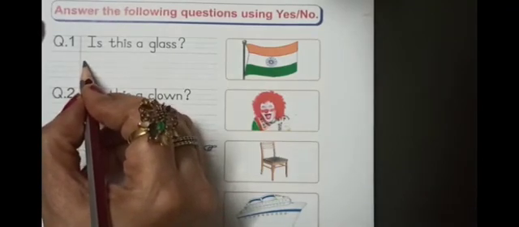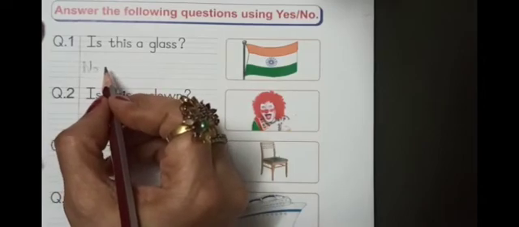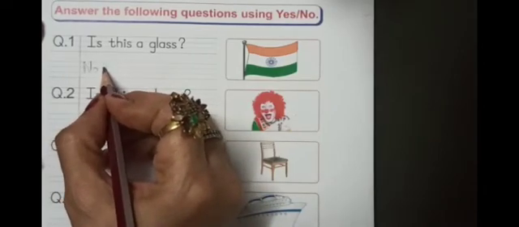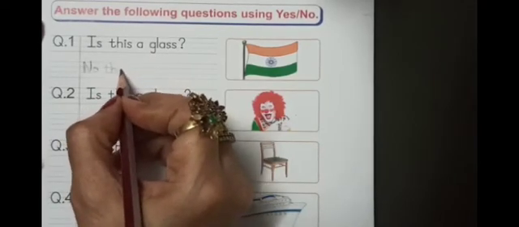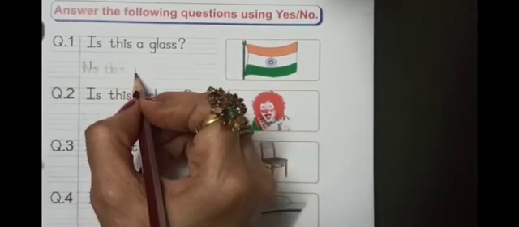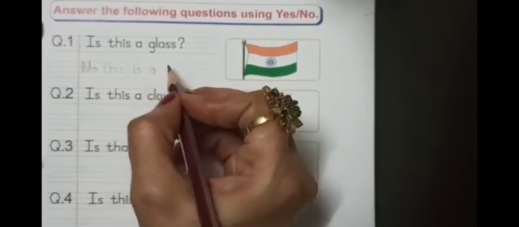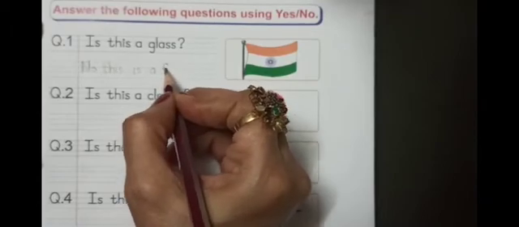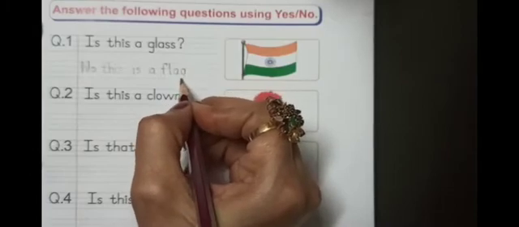Close to the margin, capital N, O, no, one finger space, T, H, I, S, this, I, S, is, a, F, L, A, G. Flag. Full stop. No, this is a flag.